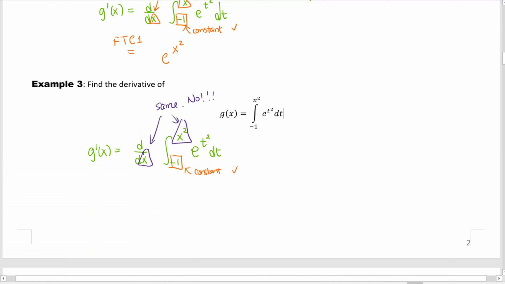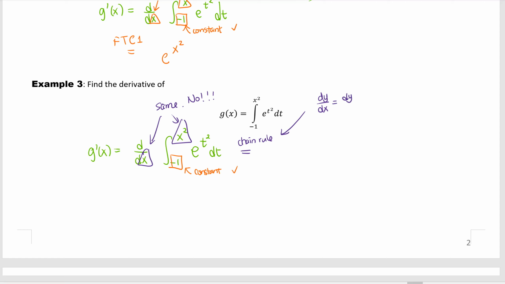Okay, so here, by chain rule, what is chain rule? Chain rule tells us that dy dx is dy du times du dx. So you can kind of replace it by u, but you just multiply by du dx then, okay? So in this case, our u is like x squared.